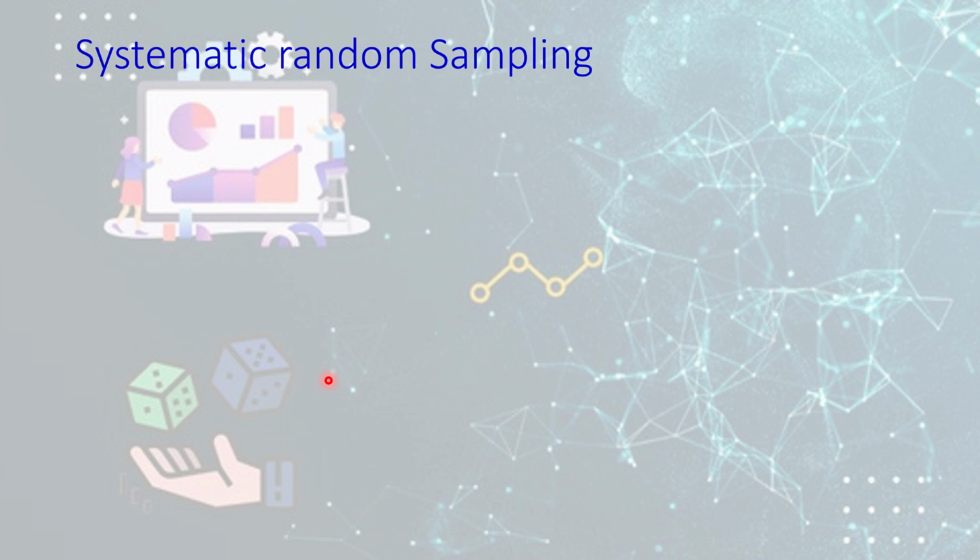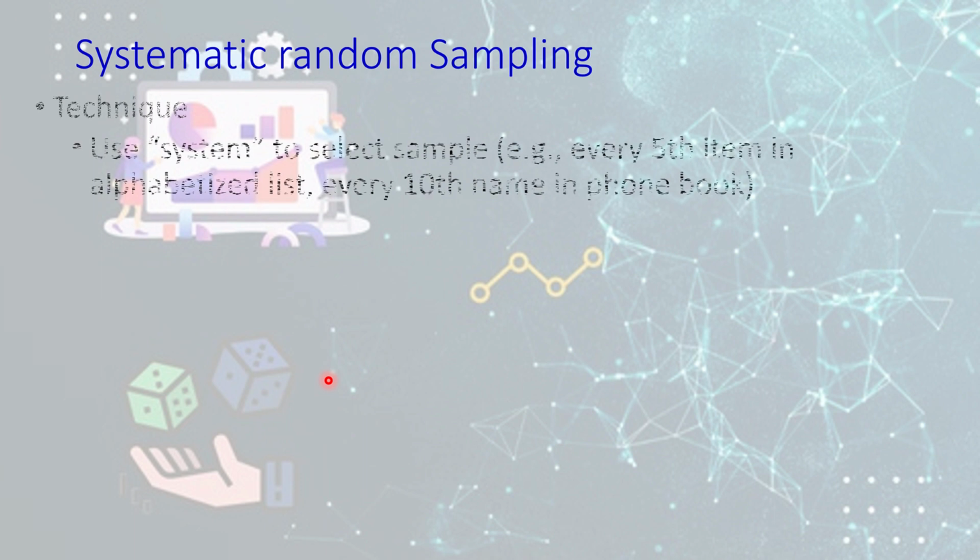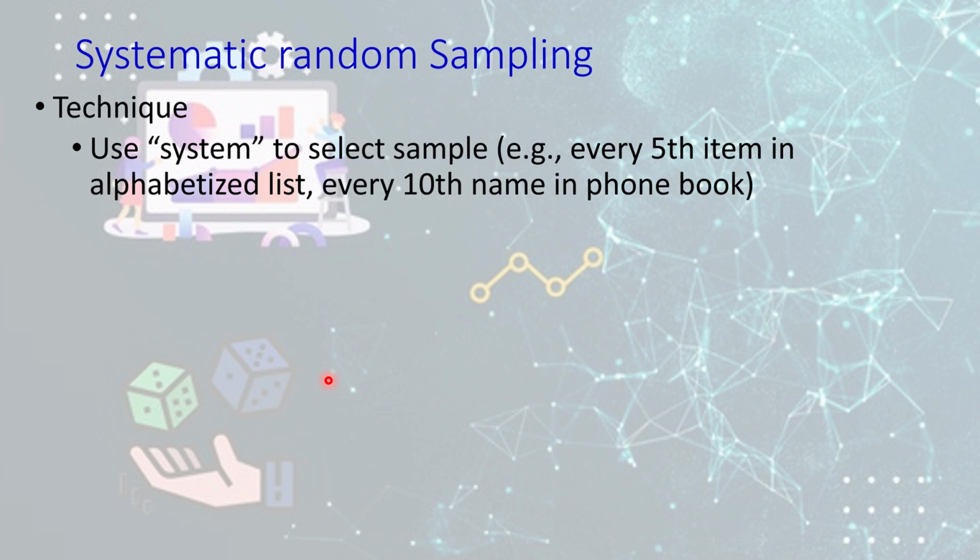Okay, the next technique used for sampling is known as systematic random sampling. In this case, we select every kth data point. If we have a sample size k, you will be going for every kth data point.